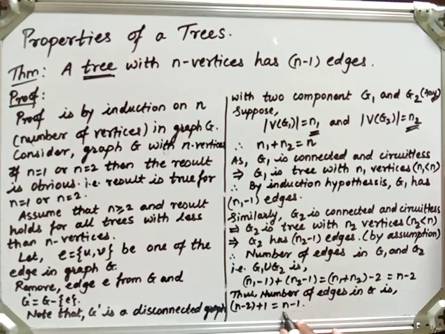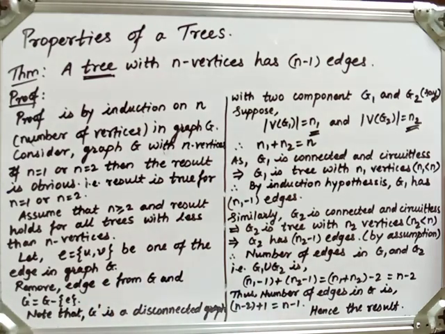So here we have proved that if there are n vertices, then the number of edges is N minus 1. Hence the result. So always a tree with n vertices has n minus 1 edges. This one edge is this E. We have added it again. Try to understand this one.